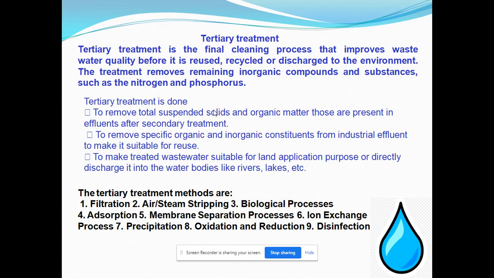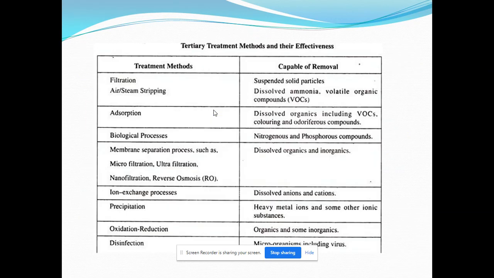The various tertiary treatment methods are filtration, air or steam stripping, biological processes, adsorption, membrane separation process, ion exchange process, precipitation, oxidation and reduction, and disinfection. This is a list of various tertiary treatment methods and what their impacts are.